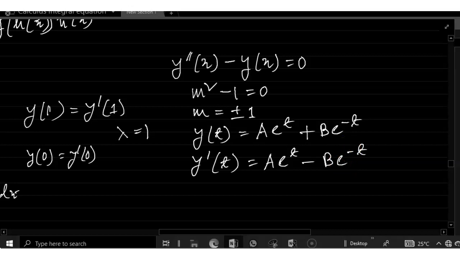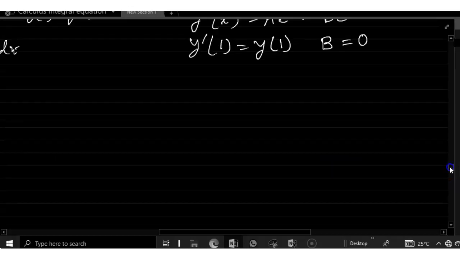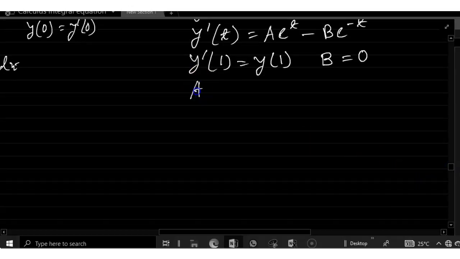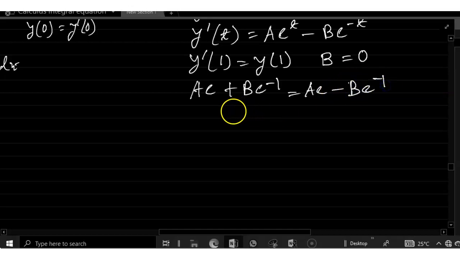Now just y dash 1 equals y1. So we have b equals 0. If you put it, then you can get b equals 0 as ae plus b e inverse equals ae minus b e inverse. So that's why you can get b equals 0.